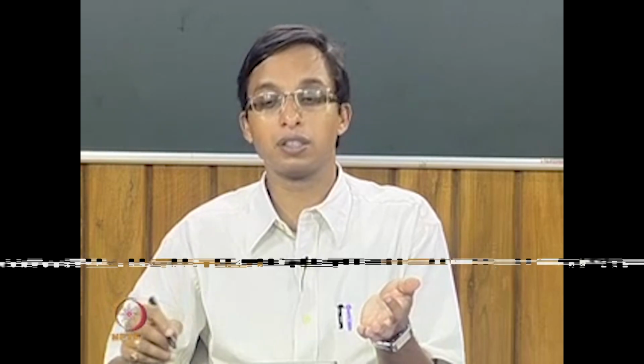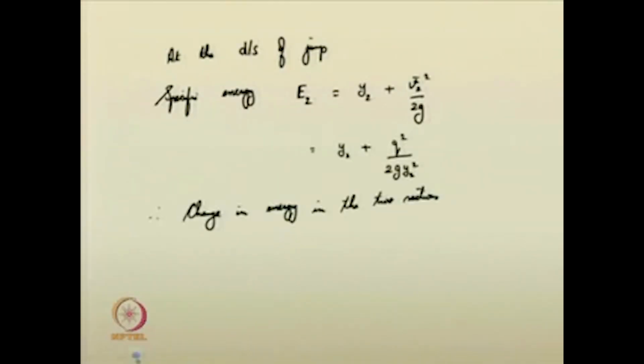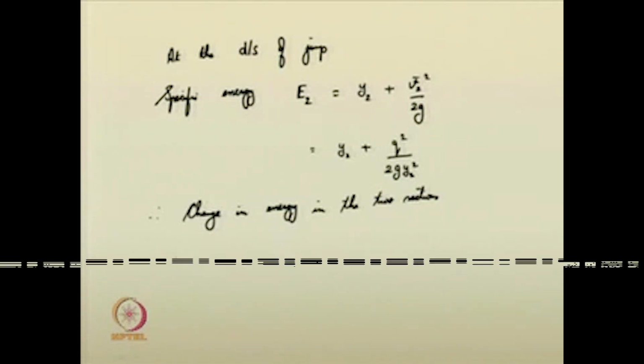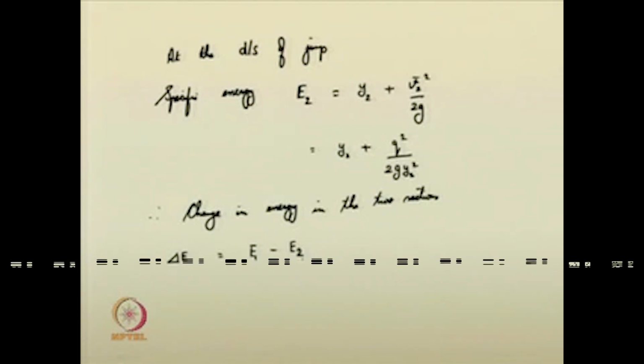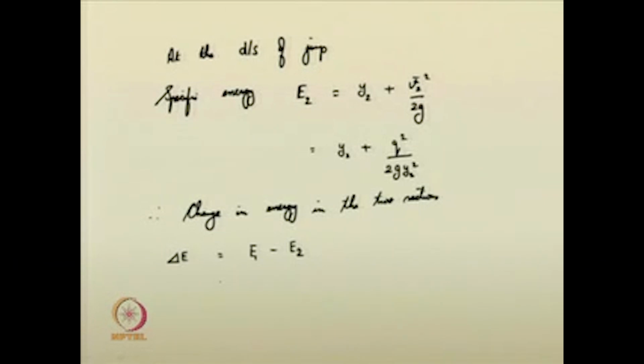The other types of losses we are not taking into account, because the reach of that hydraulic jump is too small. Coming back to this, I can write the change in energy delta E is equal to E1 minus E2. Naturally, E1 is greater than E2. You know that, otherwise the flow cannot accommodate the quantities, or the hydraulic jump itself means it is dissipating the energy.